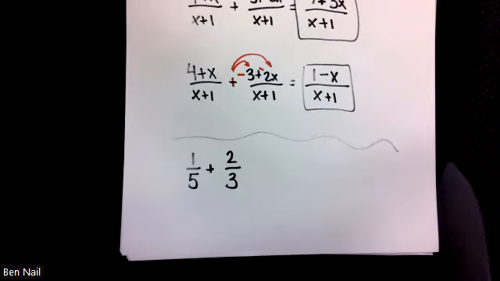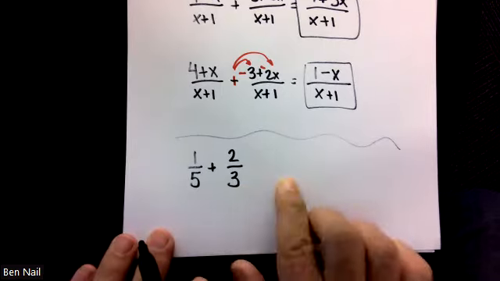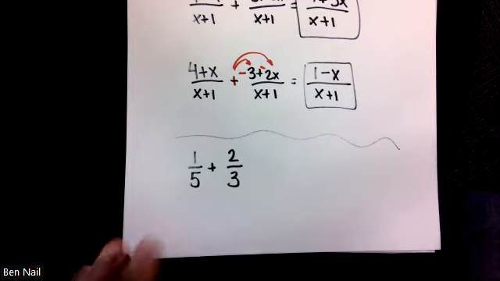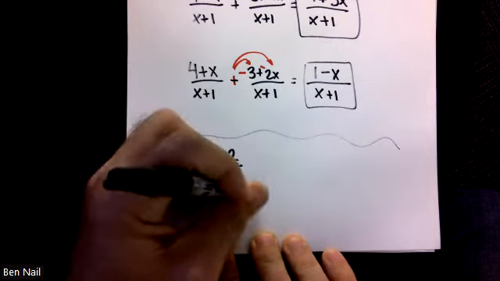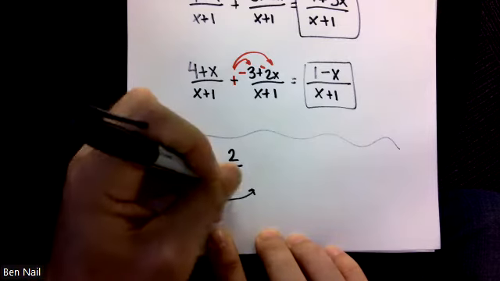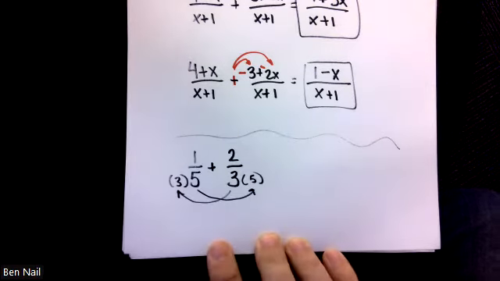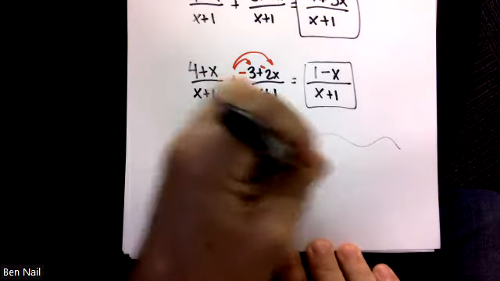All right, what if we needed to add 1/5 plus 2/3? Okay, we don't have a denominator to keep, but it's easy to get a denominator. What we do is we essentially can multiply. If you multiply your denominators together, okay, that ultimately gives you a common denominator.